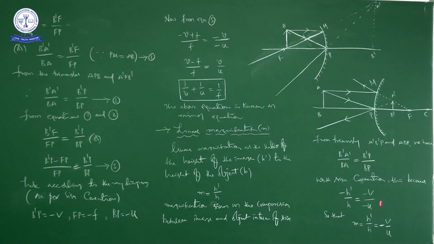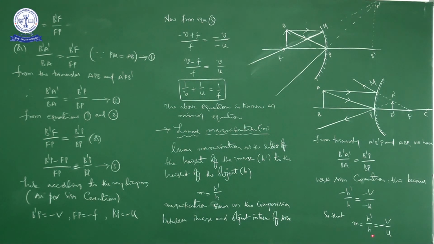That is, M is equal to H' by H is equal to minus V by U. So keep in mind, magnification is the ratio of the height of the image to the height of the object. Based on this, you can also say it is the ratio of the distance of the image to the distance of the object. But sign convention is important.